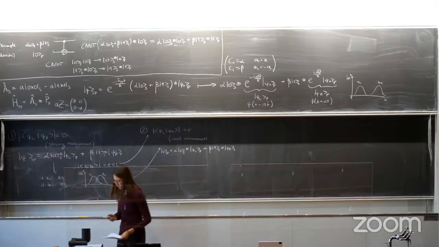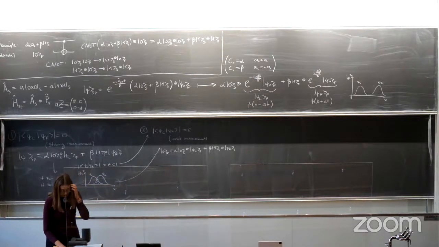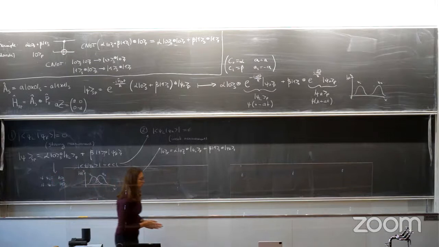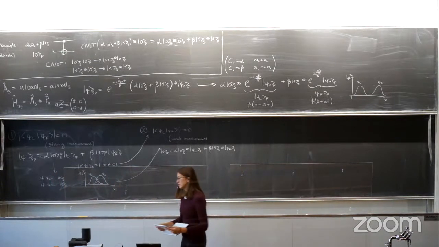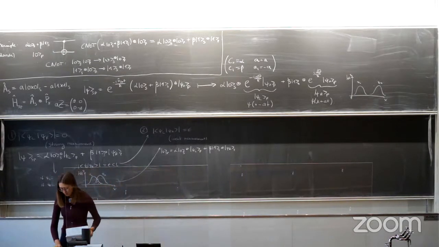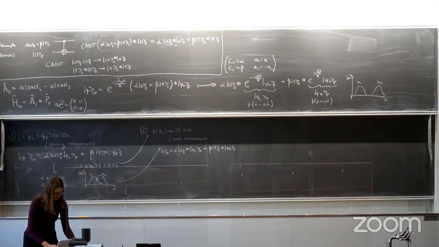And in the exercise sheet, you will consider the same situation, and you would need to find a measurement scheme, and you can come up with your own for the strong measurement case.